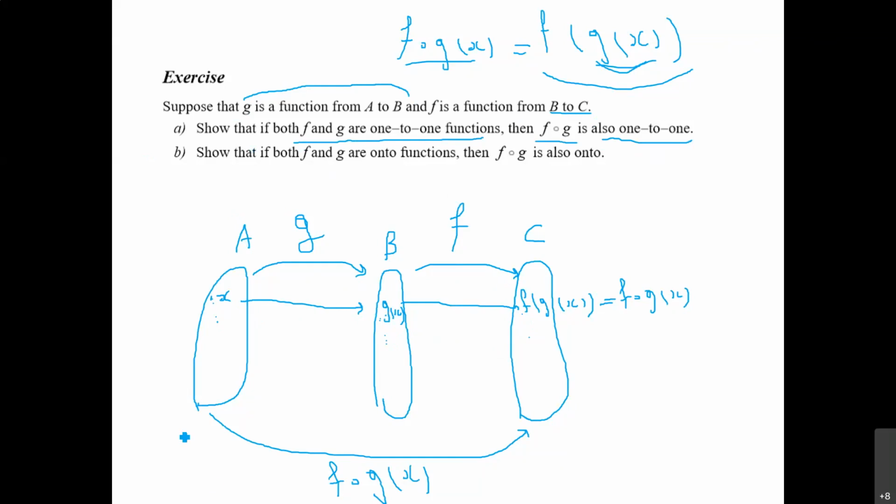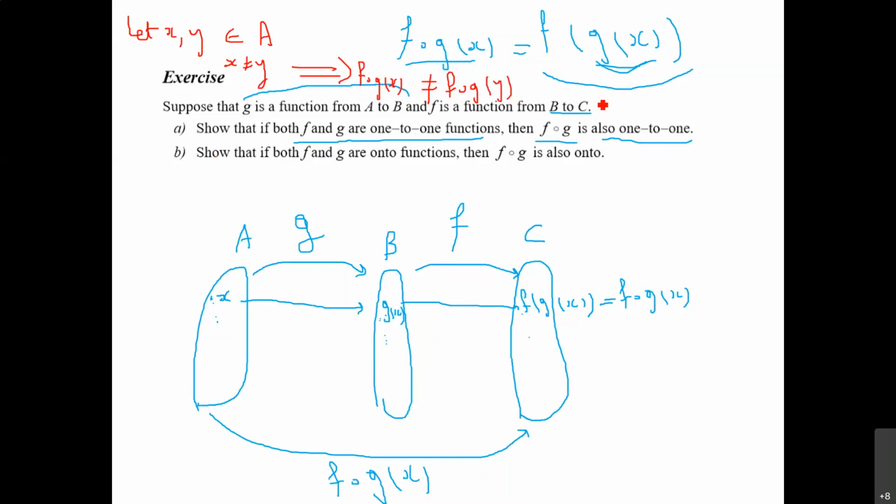Let's try to just prove the definition. So we're going to say, hey, let x and y belong to A, and x is different from y. If we can reach that f round g of x is different from f round g of y, we're done.